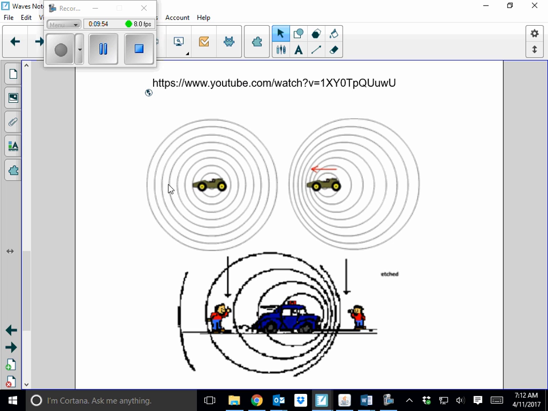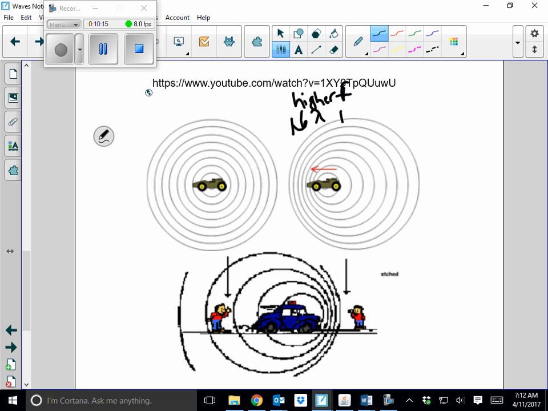However, the car is moving, so those sound waves let out in front of the car close in on each other. So here we have a higher frequency and a lower wavelength, because the wavelength is the distance between these waves, and that is higher pitch.